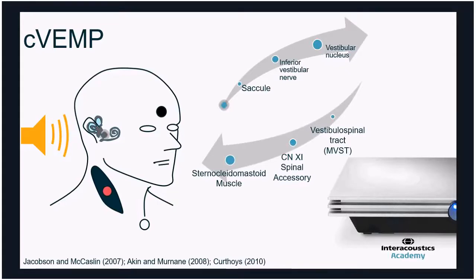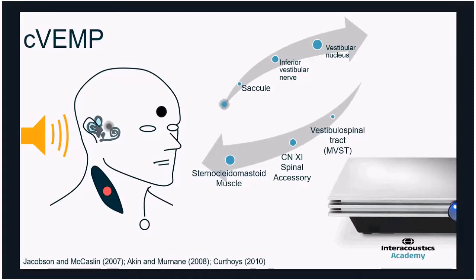What we're doing here is measuring saccular responses by stimulating the peripheral end organ, and we can do that by air conduction or bone conduction. We're stimulating the organ, and it's coming up the saccule, through the inferior vestibular nerve pathways we can see here, through the vestibular nucleus, and then down our vestibular spinal tract through the spinal accessory, and then we're measuring it from those large sternocleidomastoid muscles in the neck.